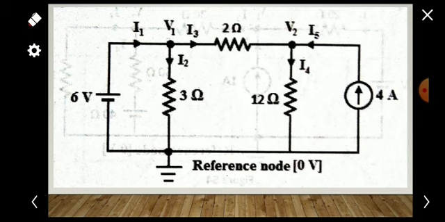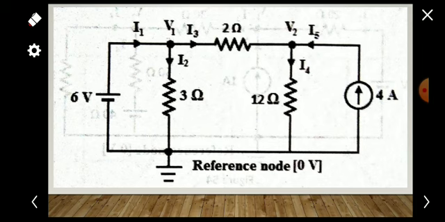The voltage of node A is V1, and the voltage of node B is V2. In nodal analysis we have to find the node voltages V1 and V2. After that only we can find the current through the resistances.